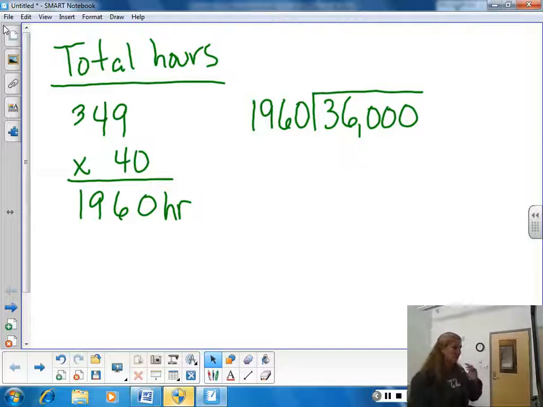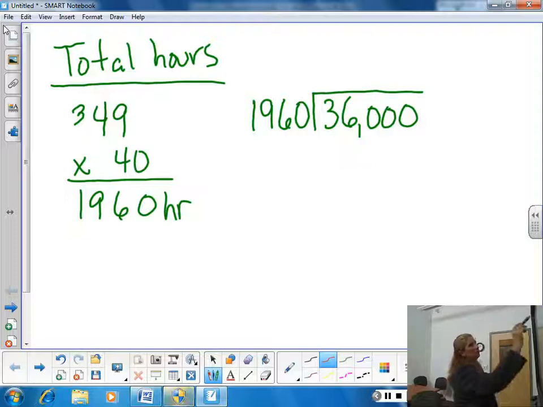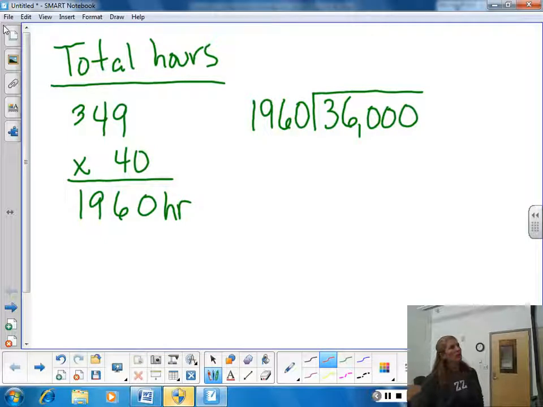How many times does 1960 go into 3? None. 36? None. 360? None. 3,600? Okay, finally it will go into that. This is about 2,000, this is about 4,000, so it looks like maybe it could go twice.